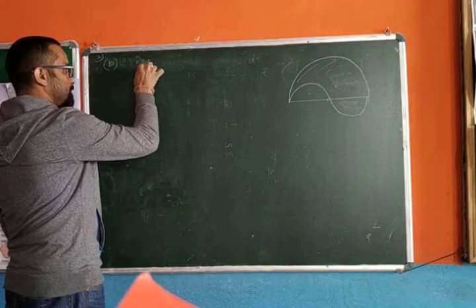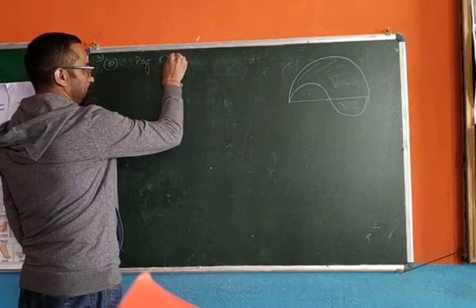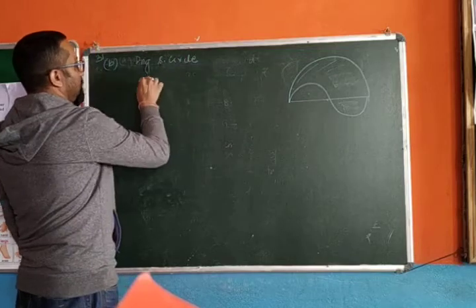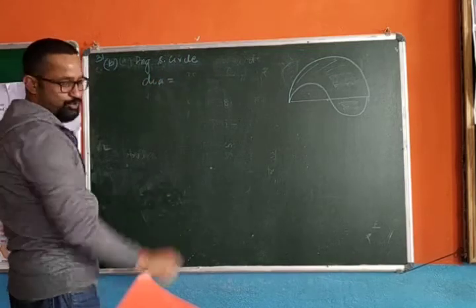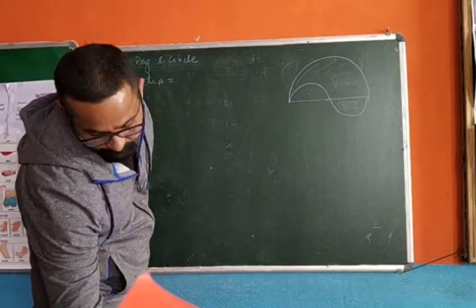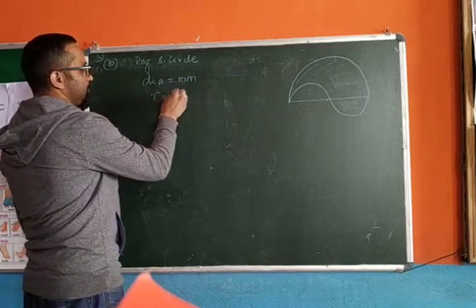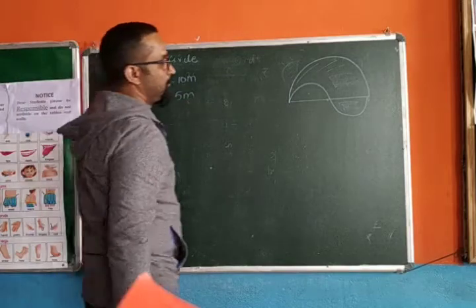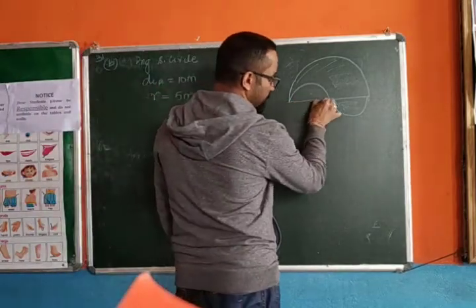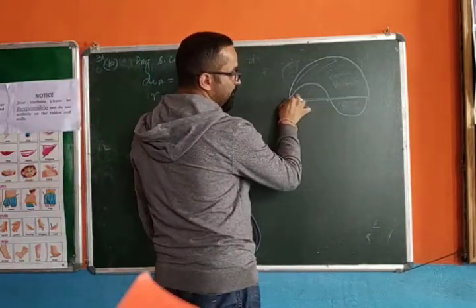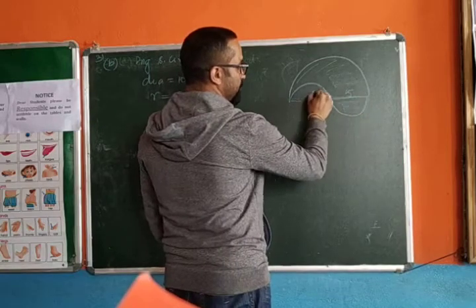Big semicircle, diameter is given in the question, which is equal to 10 meter. Calculate radius 5 meter. So this total length is given, which is equal to 10. So we got the radius 5.